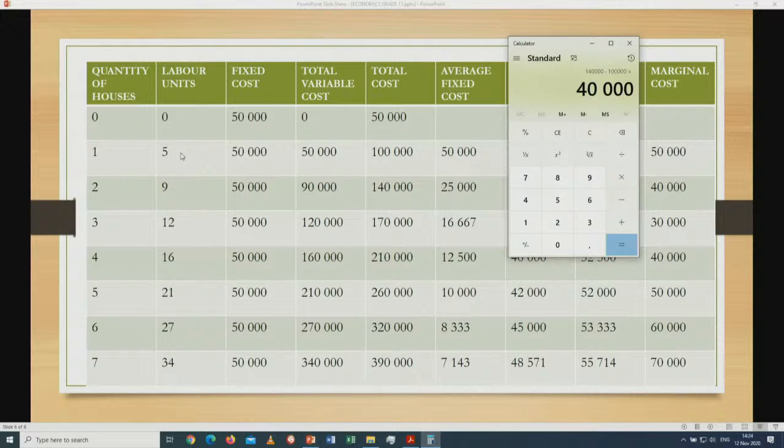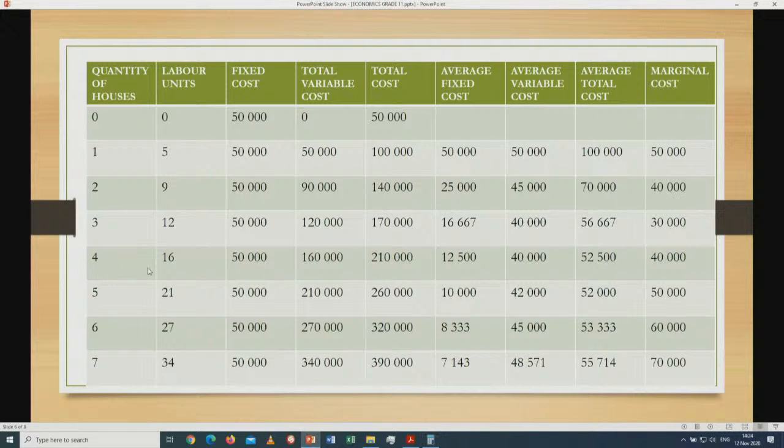So let us say the input, not raw material. Now you need the 5 workers. But when you build 4 houses, you now need 16 people in order to be able to do that. But whether you are building 0 or 4 houses, you are still going to pay the 50,000 as the producer. The variable cost has increased.